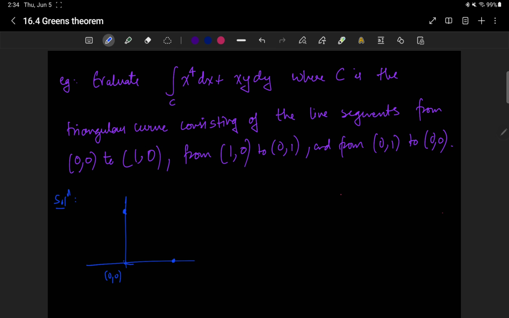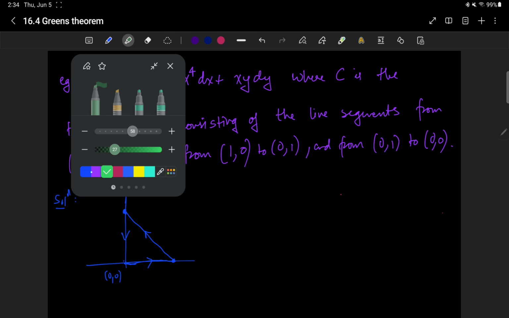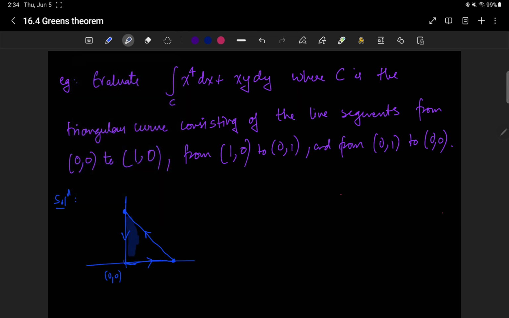So it goes from 0, 0 to 1, 0. So that establishes the direction. It goes from 1, 0 to 0, 1, and then down. So if you look at the region that it bounds, the region is to the left if you're walking on the boundary, which means it is positively oriented.